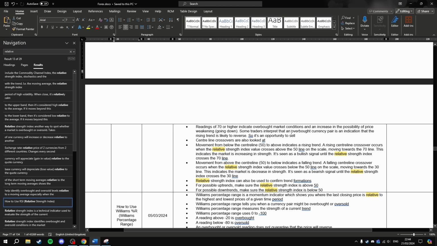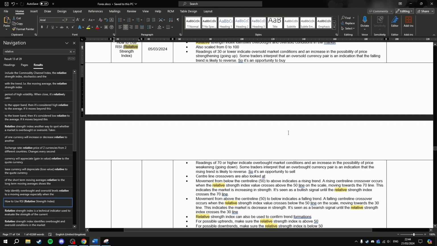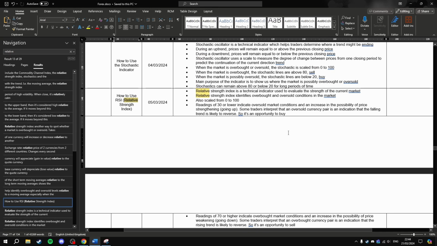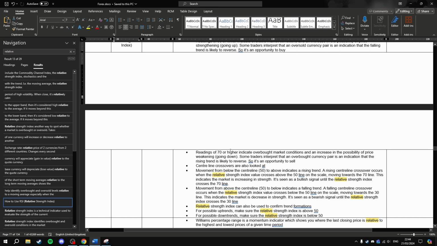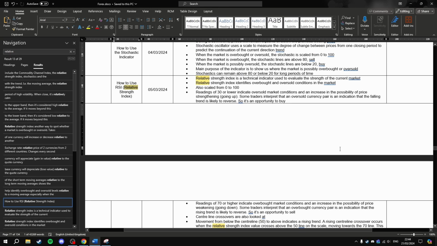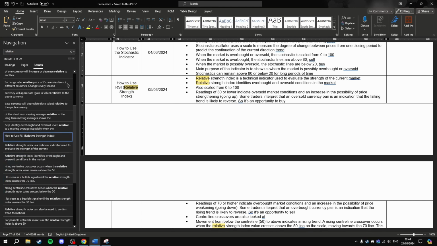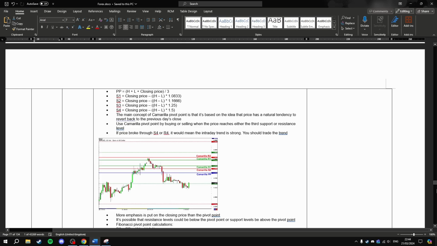Readings of 70 or higher indicate overbought market conditions and an increase in possibility of price weakening. Oh, right, okay. And readings of 30 or lower indicate oversold market conditions and an increase in the possibility of price strengthening. Right, okay, so if it's 70 or higher, there's an increase in possibility of price going down. Readings of 30 or lower indicate oversold market conditions and an increase in possibility of price going up. Never mind, I was completely wrong.